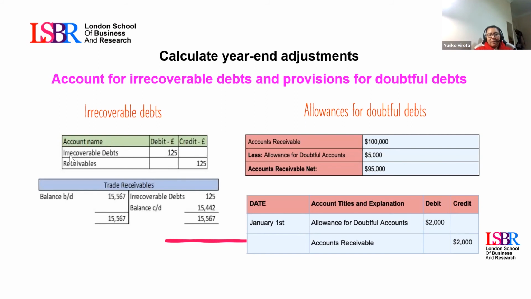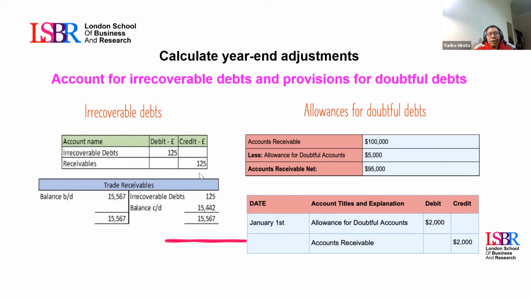So in that case, it's irrecoverable. The client is not going to pay us, so we are going to decrease the accounts receivable, because we cannot count on this money anymore.